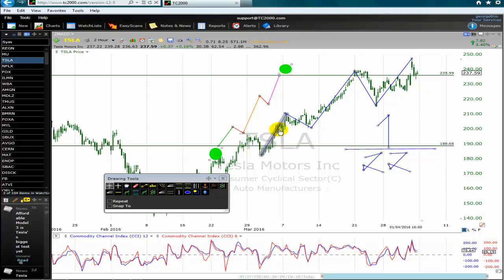We know that a multi-wave, pay attention, a multi-wave on one time frame can be subdivided into 5 minor waves on the lower degree.